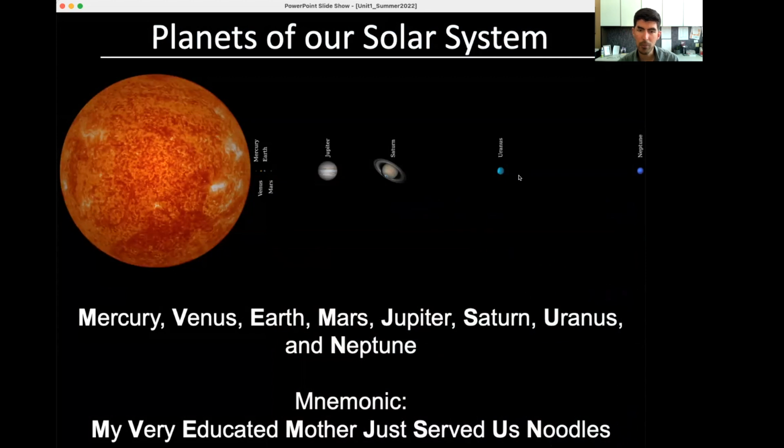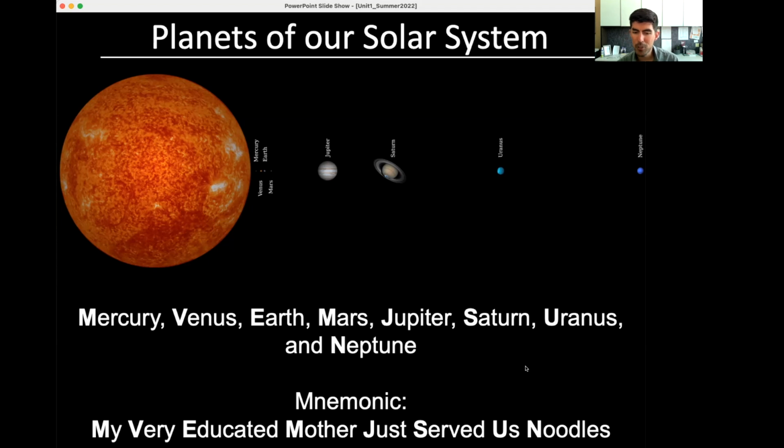So starting off with our planets, we have 8 planets in our solar system: Mercury, Venus, Earth, Mars, Jupiter, Saturn, Uranus, and Neptune. It may be helpful to think of a mnemonic tool for memorizing these. My very educated mother just served us noodles. That can help you remember all the different letters and their order.